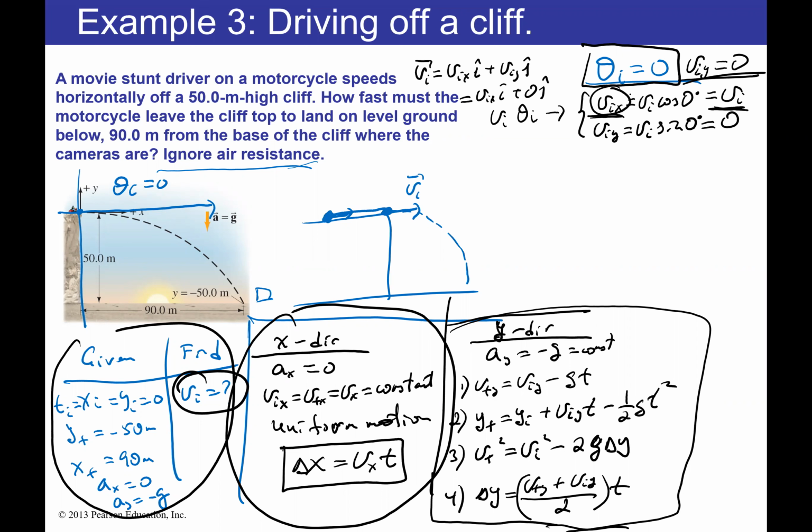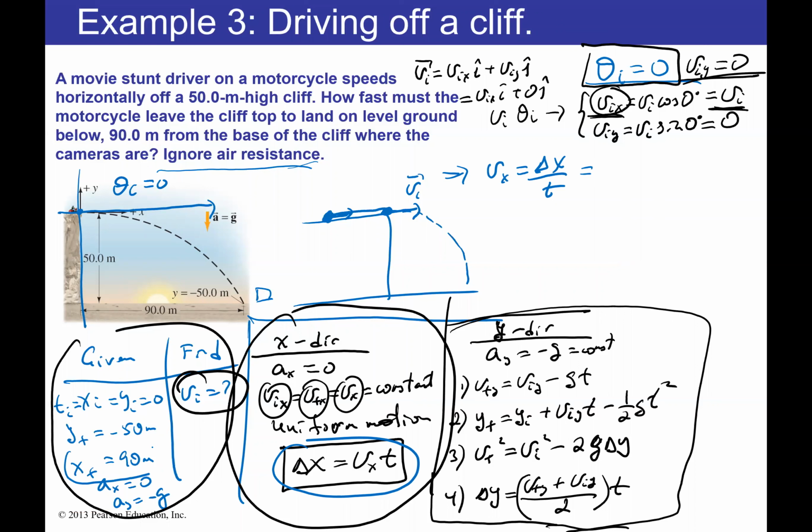All right, so where is that? Well, this is the same as v final, the same as vx because it's constant. And here's one equation that I can use for the vx. So vx is equal to delta x over t. That's one equation. And I have delta x, right?